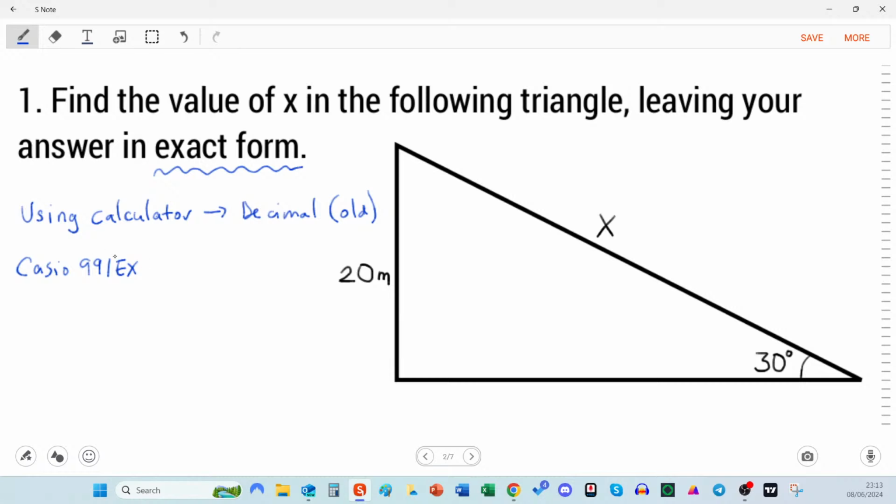The 991ES and the CW, all of those, they'll give an answer which is exact. And therefore, you don't necessarily need to worry about whether it's a calculator exam where you have to be careful. In the modern one, it gives you an exact form.